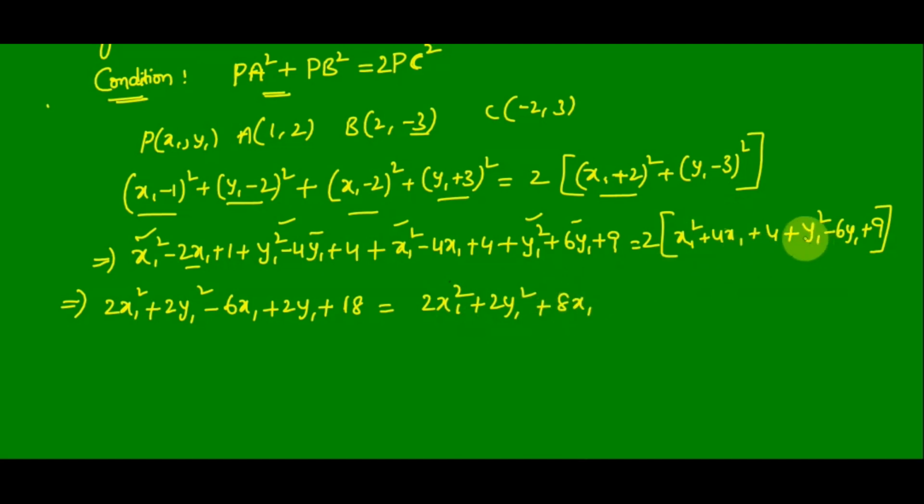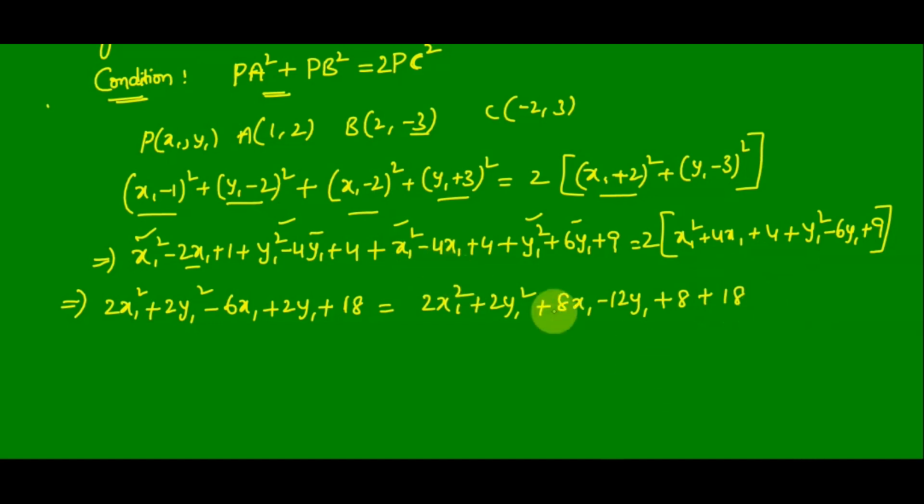Similarly, the y1 term is minus 6y1, 2 6s are minus 12y1. Then comes the constant one, 2 4s are plus 8. And again 2 9s are plus 18.